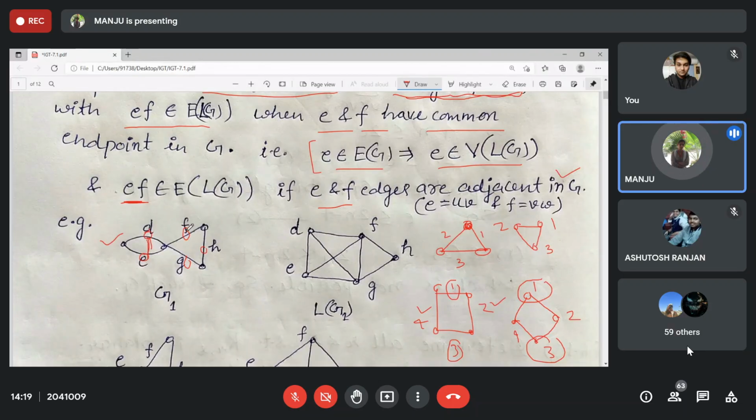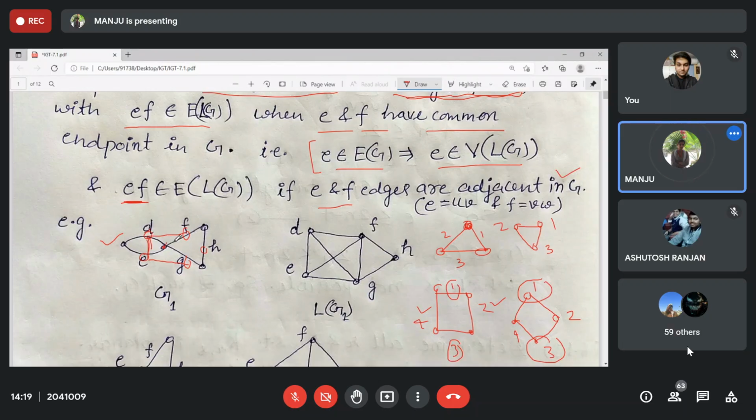What about D and F? Common vertex, so these edges are adjacent and the corresponding vertices will be adjacent. E and G, D and G have a common vertex as well.